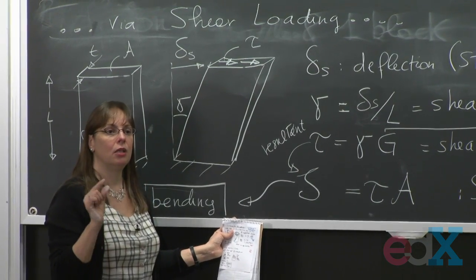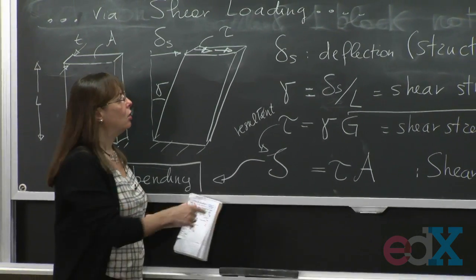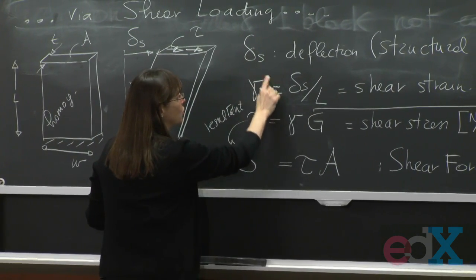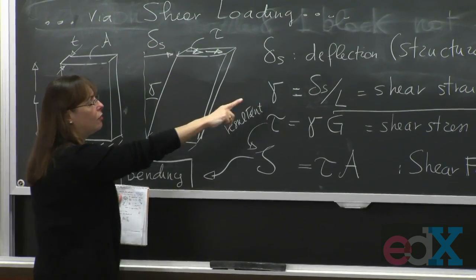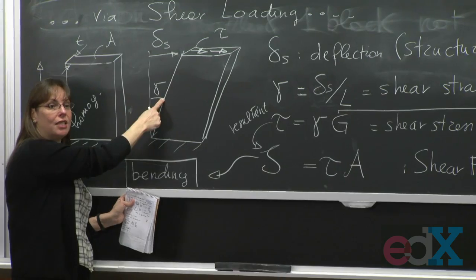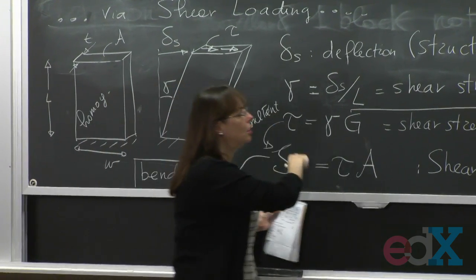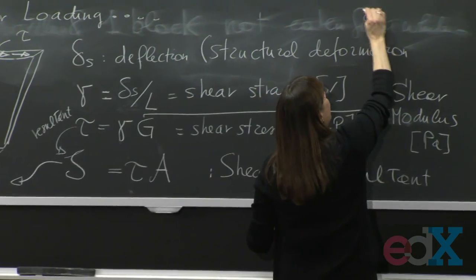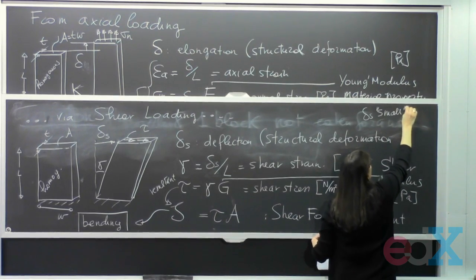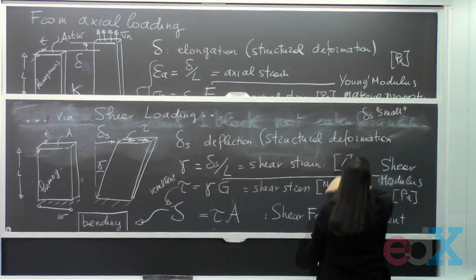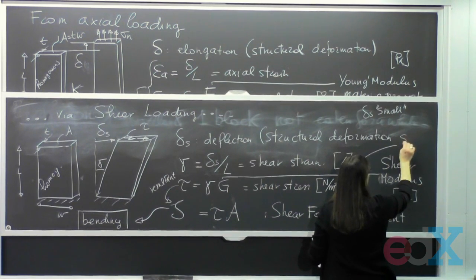Because in 201, the deformations are small. So the way I define the strains, you see, is this length divided by this length. The ratio would generally be the tangent of this angle, right? If gamma was big. But because delta S is small, and when I say small, it means small compared to the length there, then this one is about equal to the shear angle.